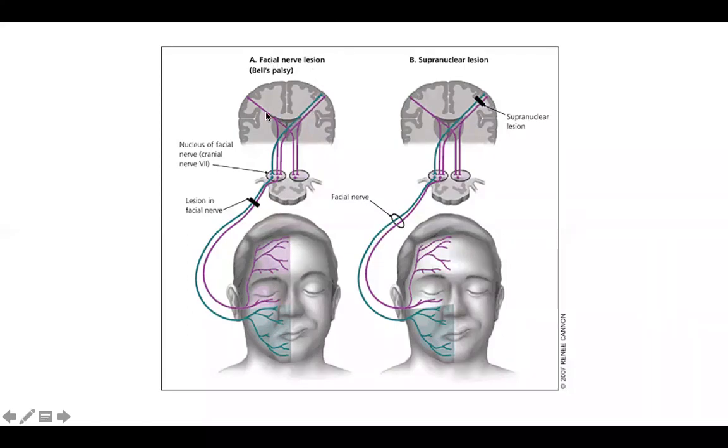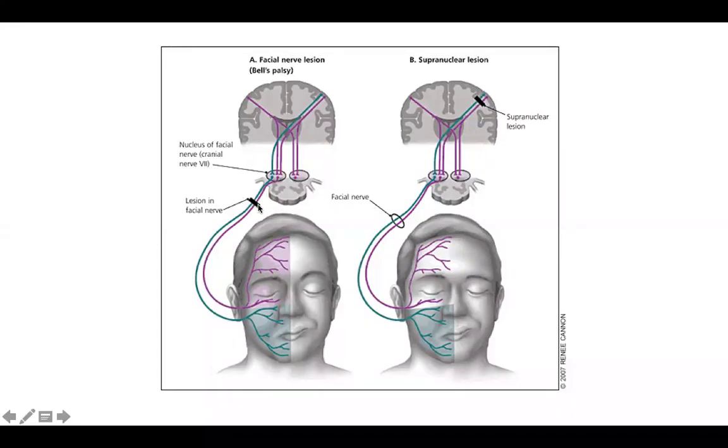But the other issue that you need to note from this diagram is that we have this green color. This green color, as you can see, originates from the right hand side and goes to innervate the left hand side of the face. So now assume facial nerve palsy, as we said, the facial nerve originates from the pons. The pons is the part around the midbrain and it comes to innervate the face through those routes which we have talked about.